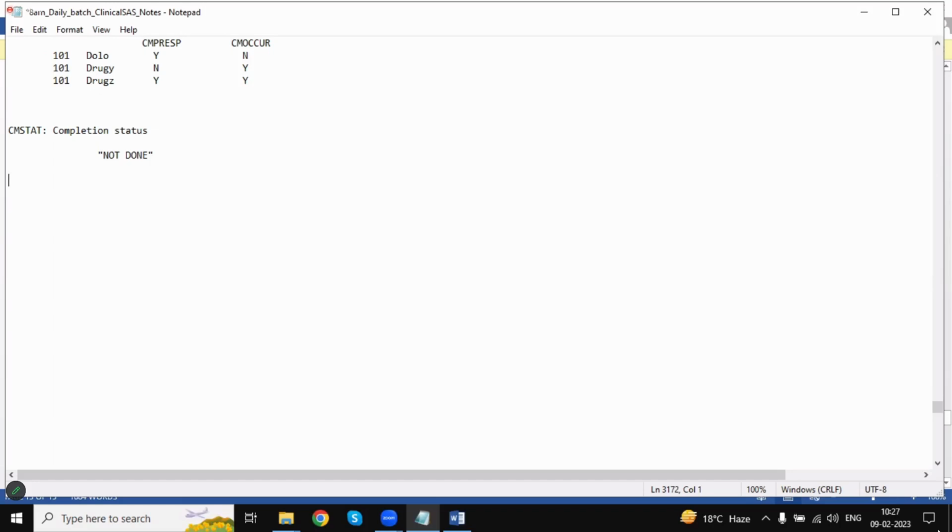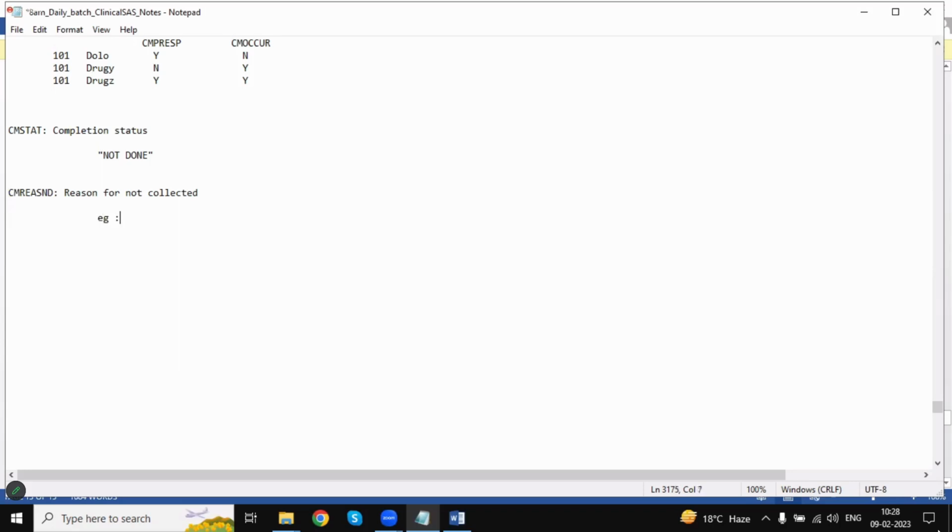When you capture not done, only treatment details are available; if the remaining details from the subject are not collected, the status is not done. If not done, you have to write a reason for not collected. That reason you have to write.